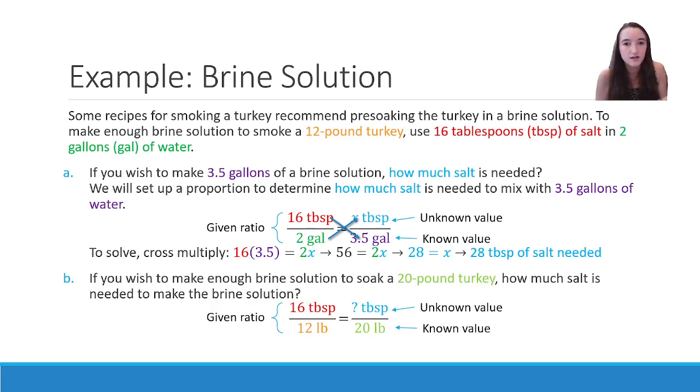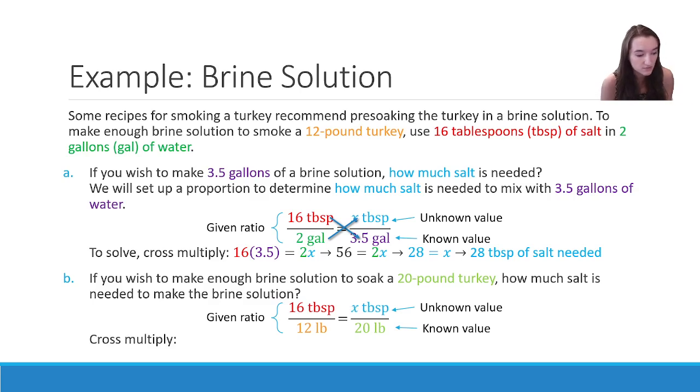So here, the 12-pound turkey versus the 16 tablespoons of salt, those are going to be paired together as my given information. But my known is now the turkey. I have this 20-pound turkey. What amount of salt is paired with it? That's my question mark. So I put 16 tablespoons over 12 pounds, question mark tablespoons over 20 pounds, right?